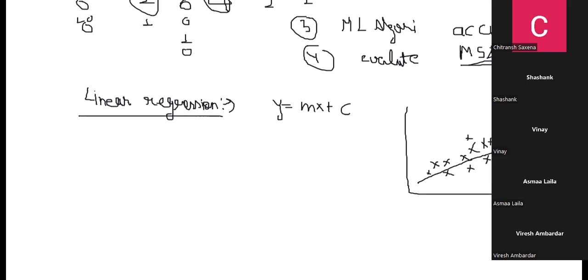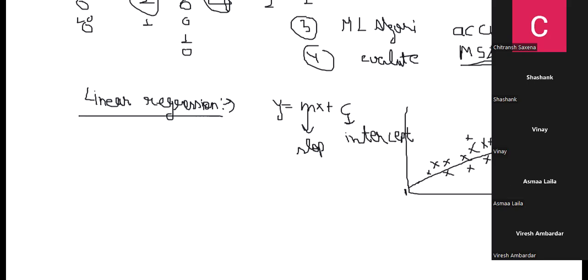Now, what is this m and what is this c? C is the intercept, the distance from the origin, and m is the slope, the slope of the line. How can we find the slope?